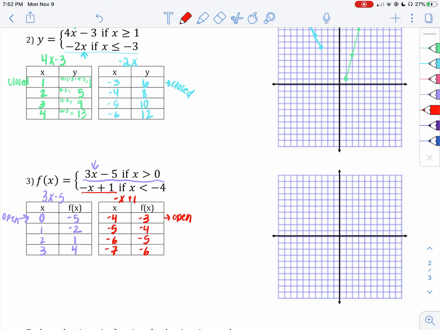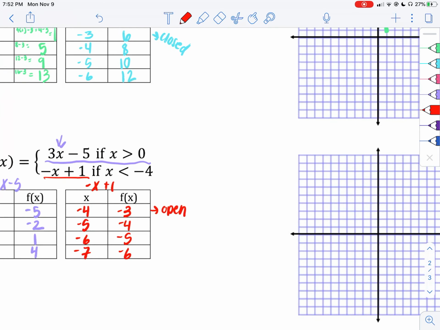All right, again, I want you to pause the video and try and graph this on your own, and then see if we graphed it the same.